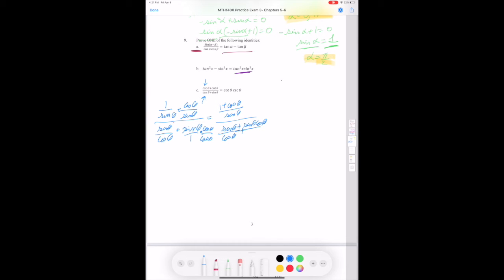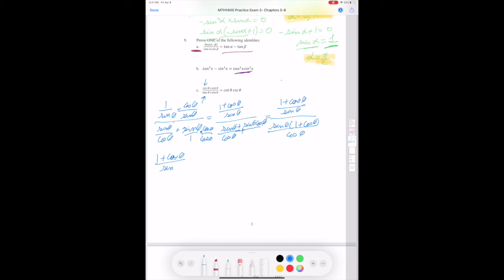Then I can go ahead and factor out a sine theta. So I have 1 plus cosine theta over sine theta. Then I factor out a sine theta, so I've got sine theta times 1 plus cosine theta all over cosine theta. Now I keep my first fraction the same.